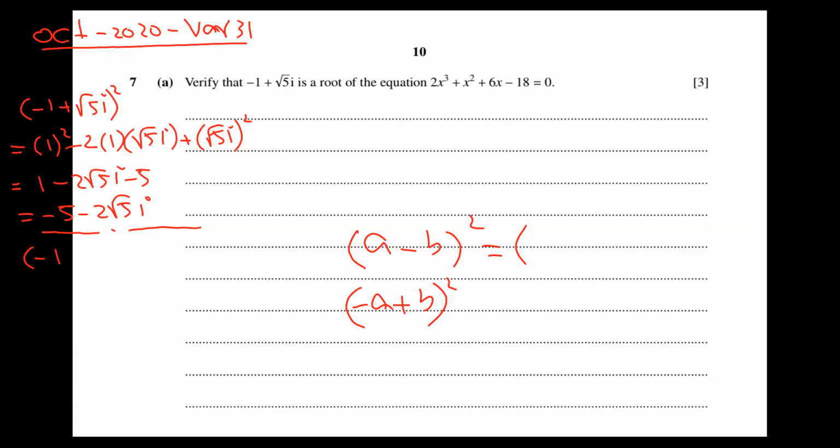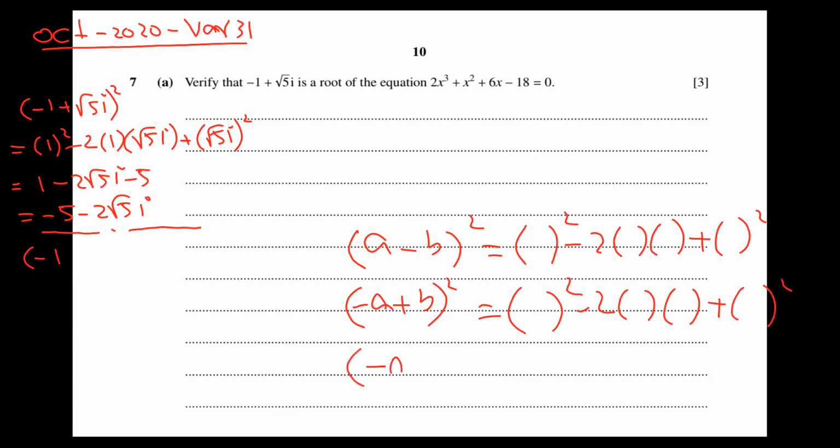So what is the formula? First term squared, negative 2 into first term, second term, plus second term squared. Even here, it's the same. But if both are negative, then I will deal with it as a plus. I think you got the idea.